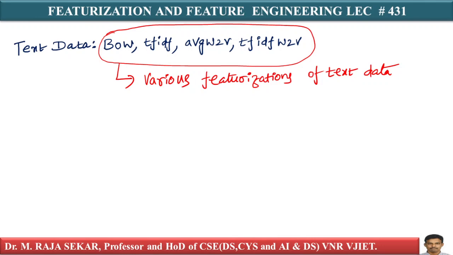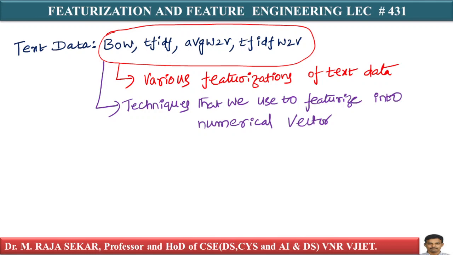But if you are given some text data, these are the techniques we typically use to featurize it into a numerical vector, because at the end of the day all machine learning algorithms work on numerical data, isn't it? So learning featurization is very important. So we have already learned this for text data.